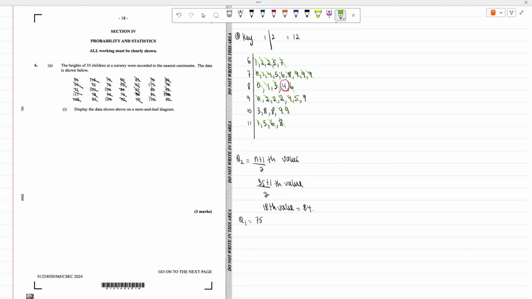Cancel first with last. First with last. 103 is Q3. Cool with that? And make sure you rub off all your pencil markings that you used to cancel. All right? Make sure to rub it off.